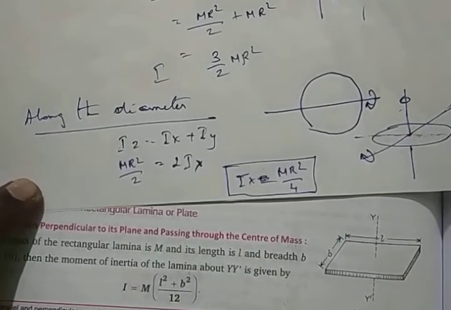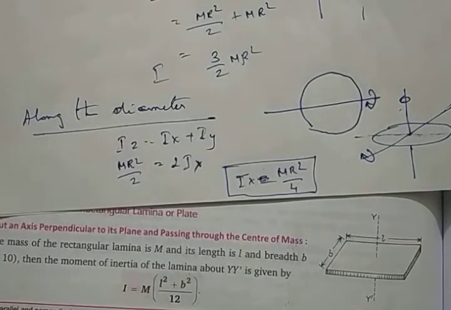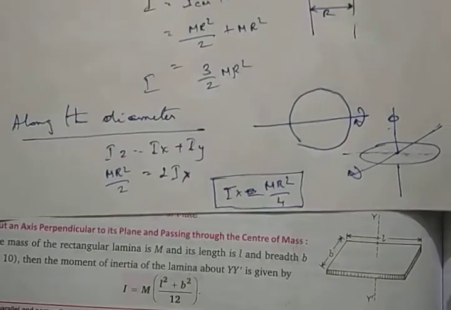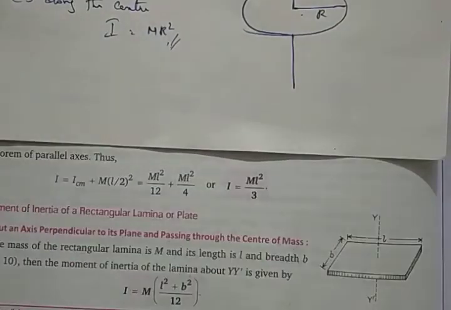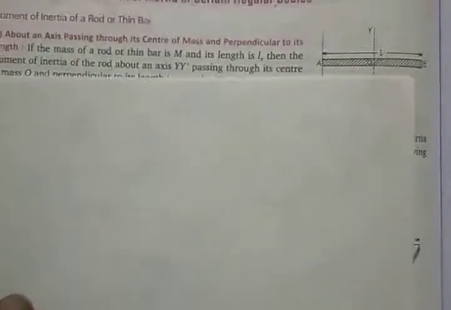Right? So we've got quite a lot of them. Disk we have found out, ring we have found out, uniform bar we have found out. And a few other things, just the face value of it we will write down and finish. Fifth one, moment of inertia of a solid cylinder.